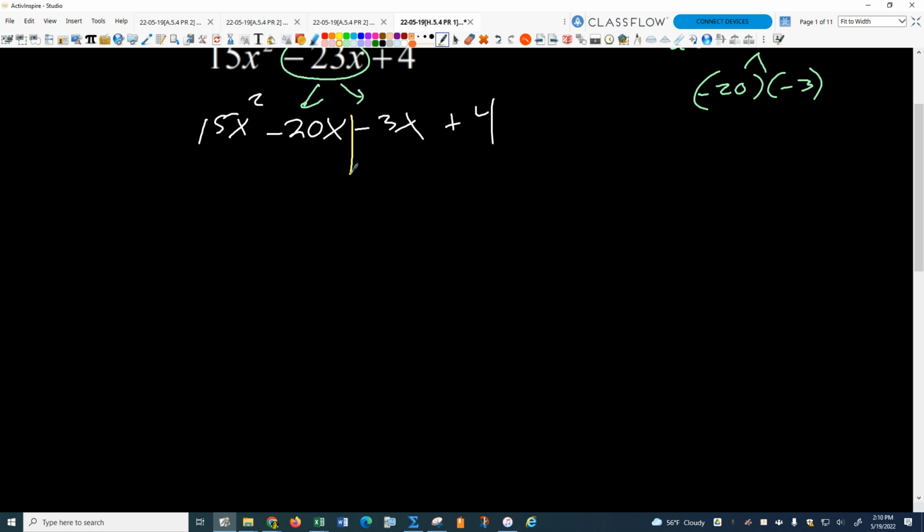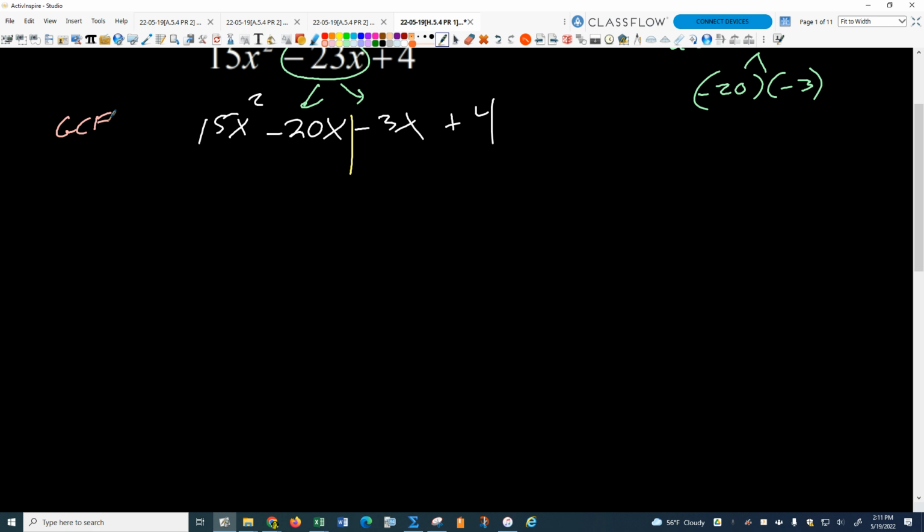And what do we do with those? Okay, that line separates them. What did I do with the first group? Yeah, we want to factor out the greatest common factor of the first group. Good. So what is the greatest common factor of group 1?